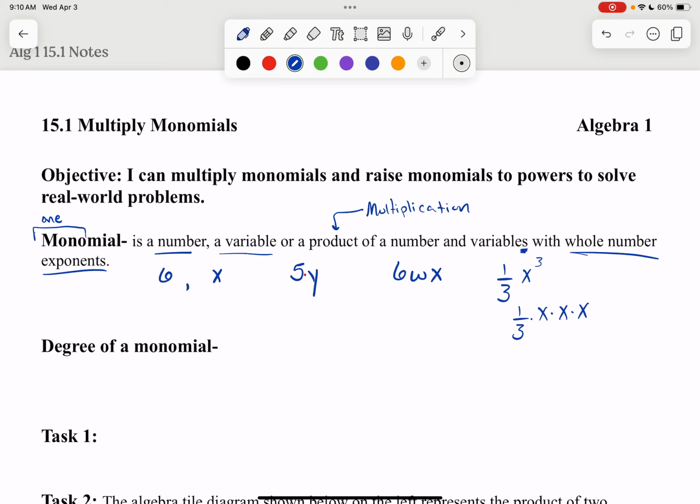So it's the multiplication of a number and variables. It is not a division by a variable.